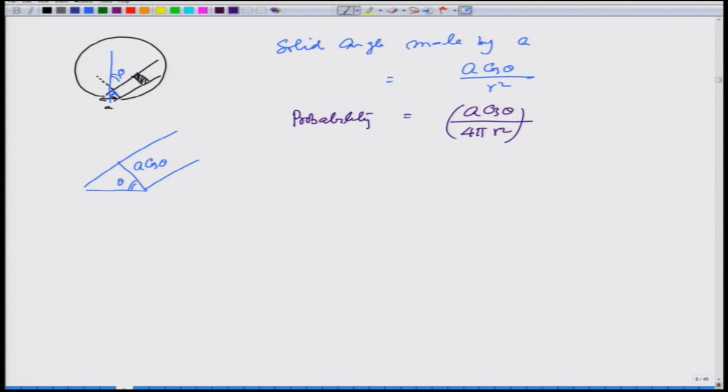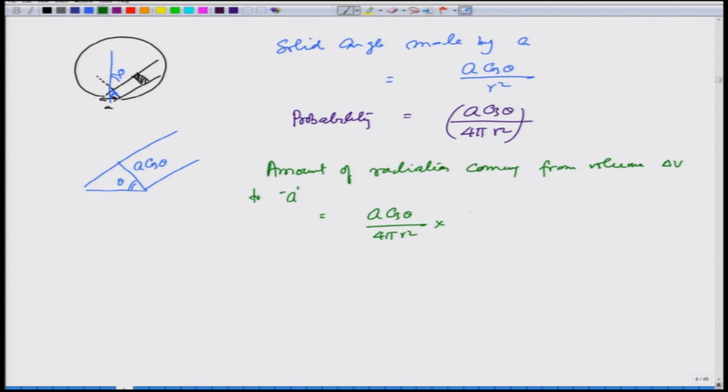All right. So, now we have the amount of radiation coming from volume delta V to area A, which is going to be the probability, A cosine theta divided by 4 pi r square, times the radiation that is contained there, which is going out, and the amount of radiation contained there is nothing but d omega r square delta r u.